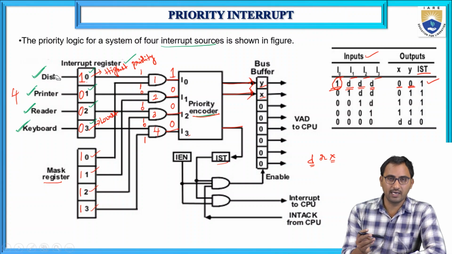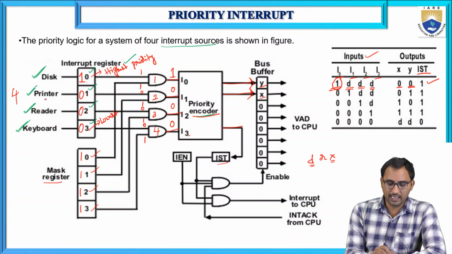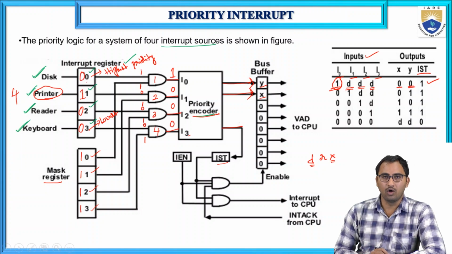And consider the second device. Suppose the second device generated the interrupt. That means the corresponding interrupt register will be set to logic 1 and the remaining devices will be set to logic 0.